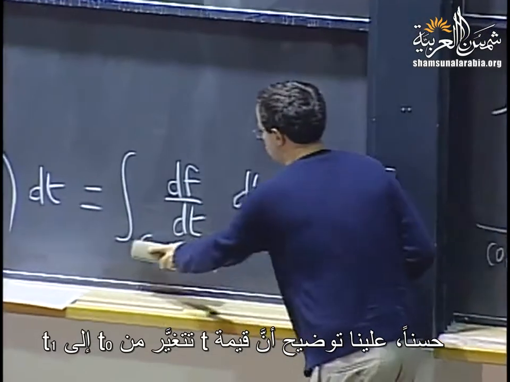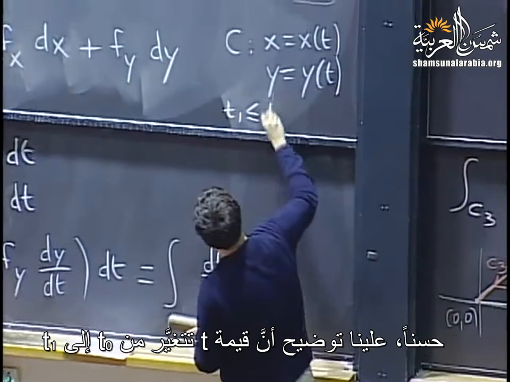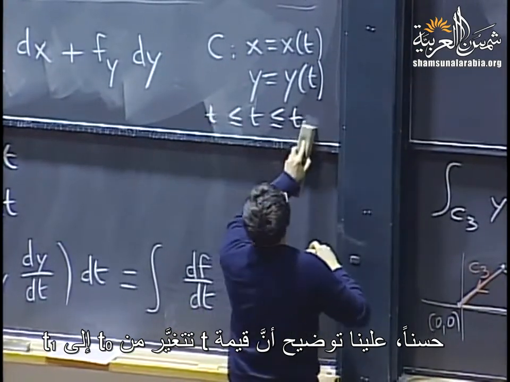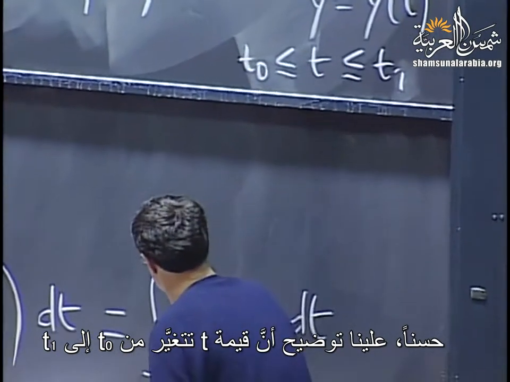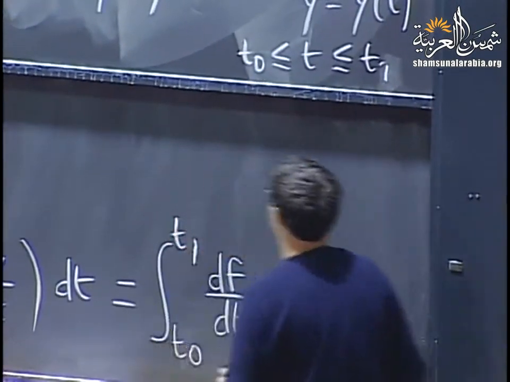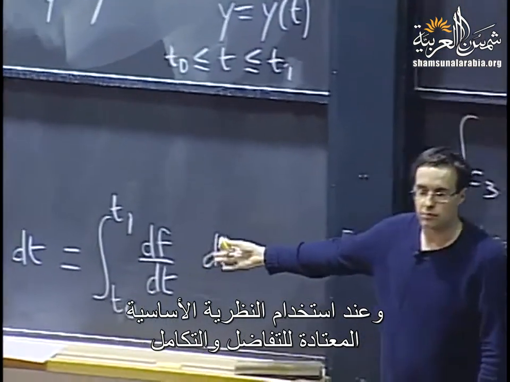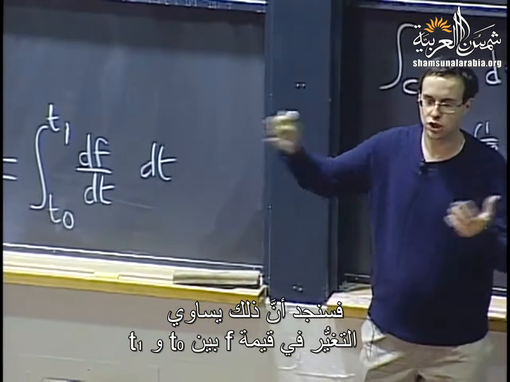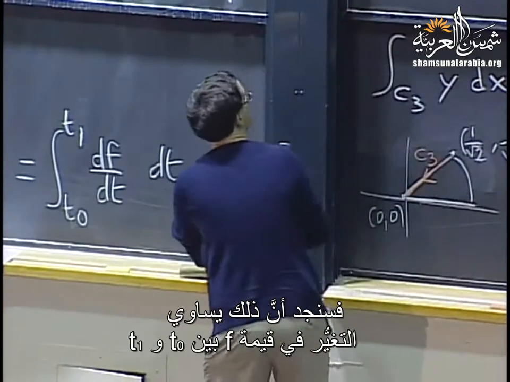And so maybe I should now say, t goes from some initial time, let's say t0 to t1, and now by the usual fundamental theorem of calculus, I know that this will be just the change in the value of f between t0 and t1.